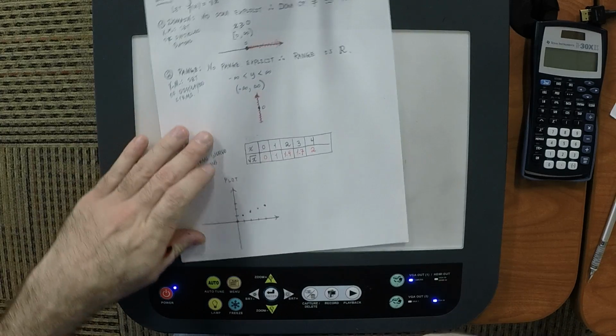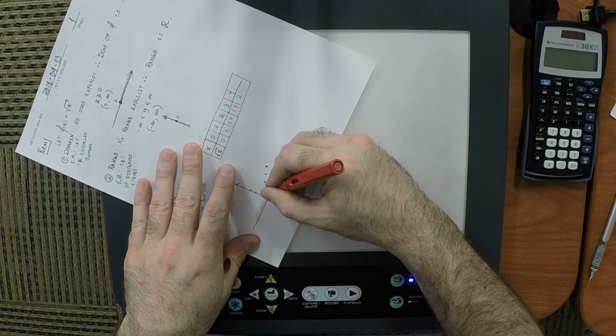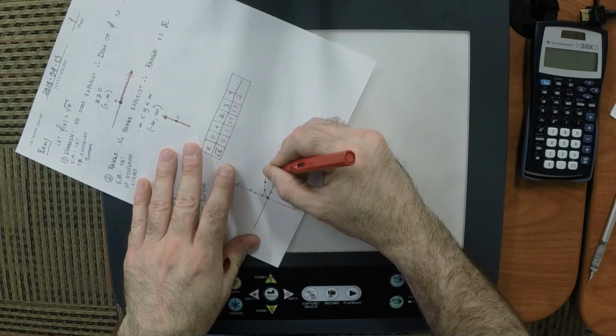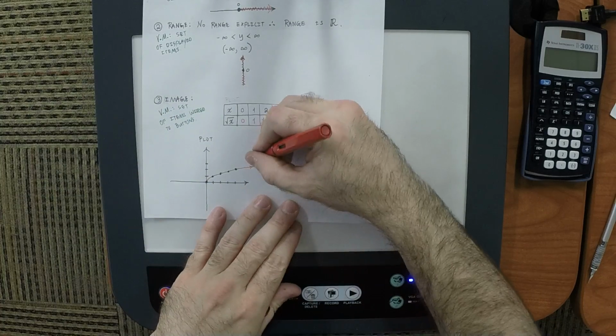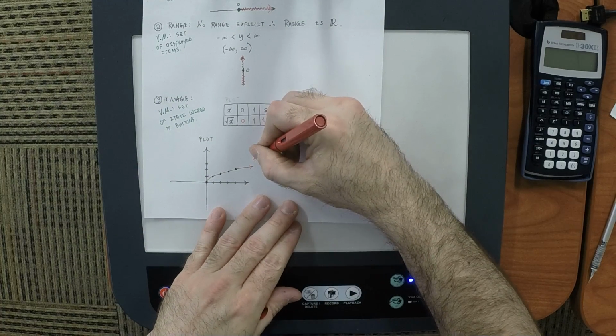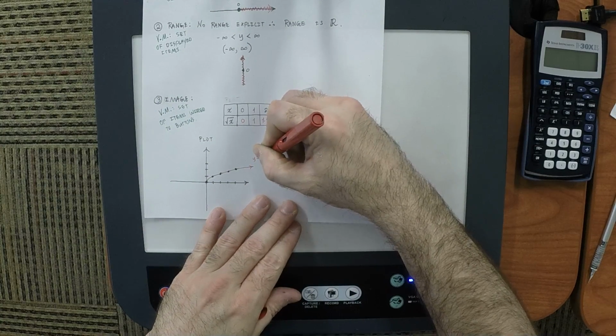Then if we plotted lots and lots of points, the following picture would begin to emerge. So that's the plot of y is square root of x.